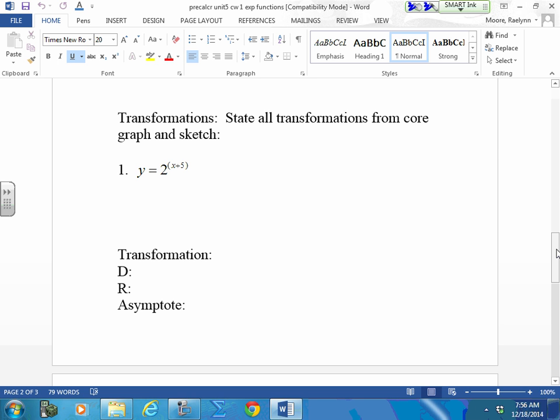So what would be your parent graph? Two to the x. So we're going to start with this guy first. We're going to graph this. We're going to do this without your calculator. You know it looks like this. Pass this through the (0, 1). This is y equals 0. This is (0, 1).